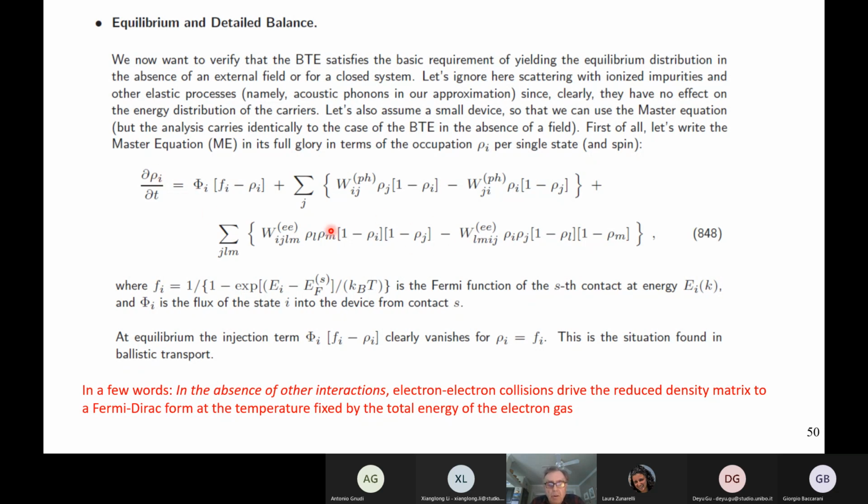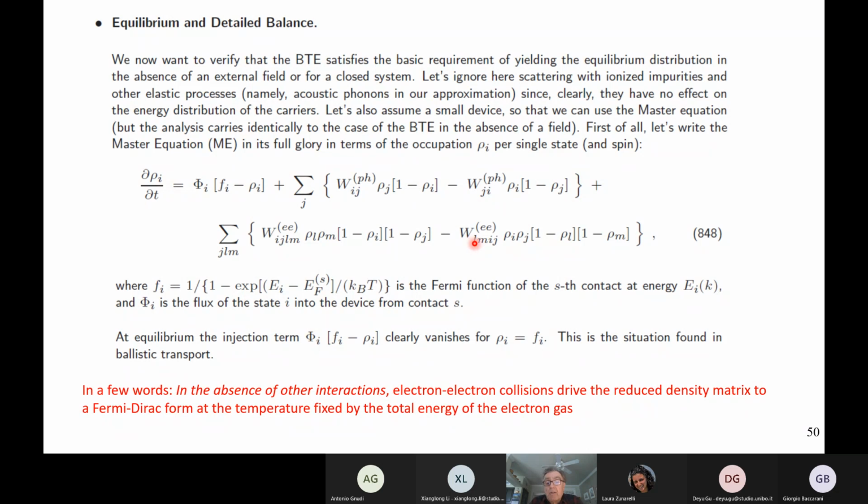So this term is equal to 0 by itself. It's a Fermi-Dirac distribution, but clearly I cannot specify a temperature, at any temperature. So any Fermi-Dirac distribution at any temperature satisfies the requirement that this term goes to 0. Clearly, there's nothing that sets the temperature.